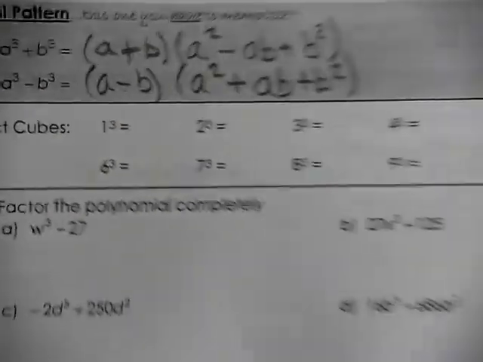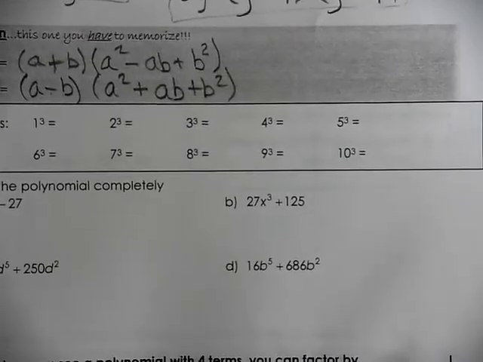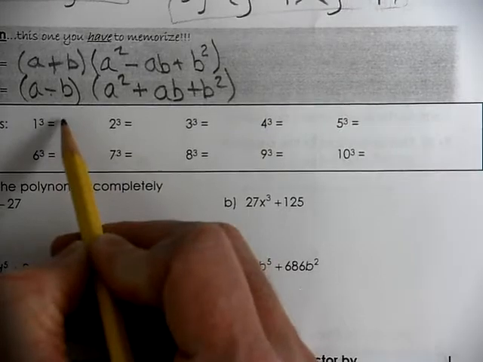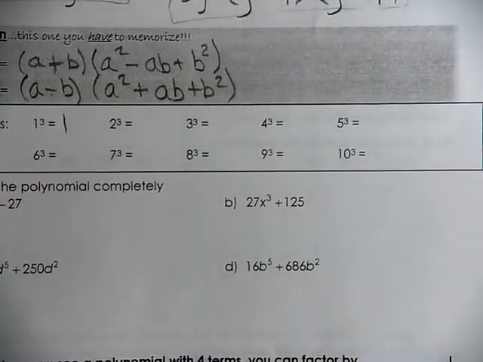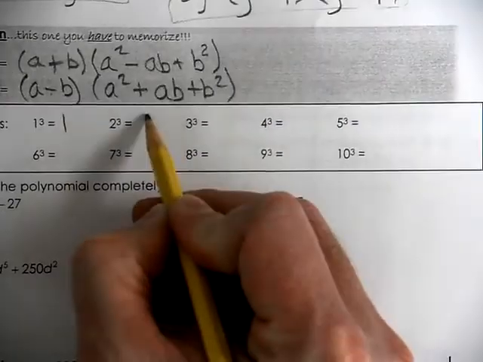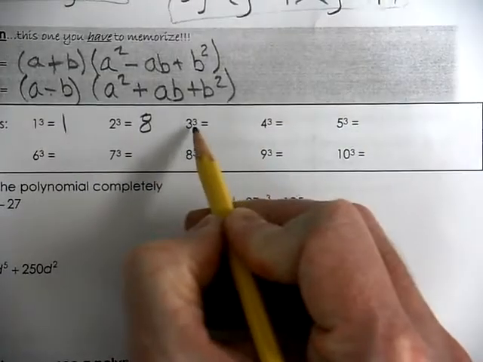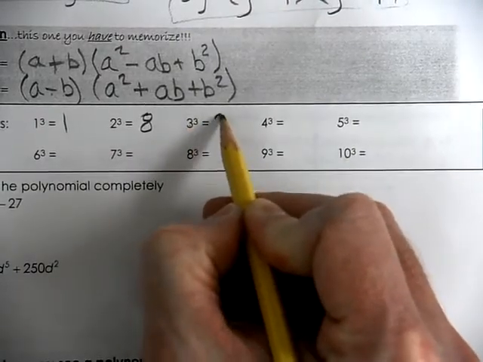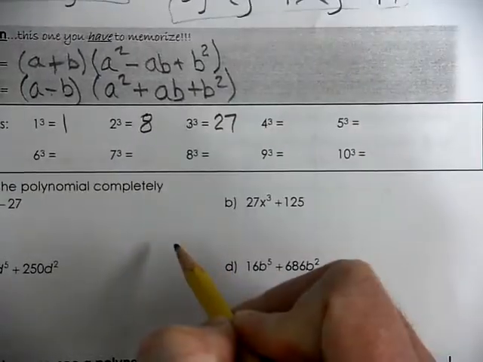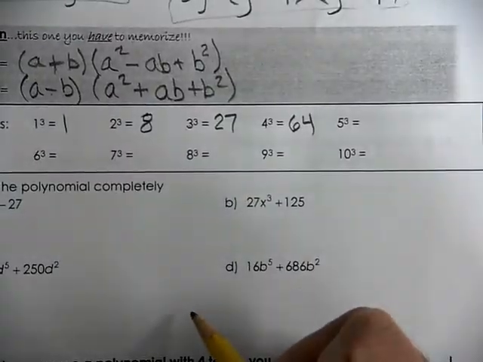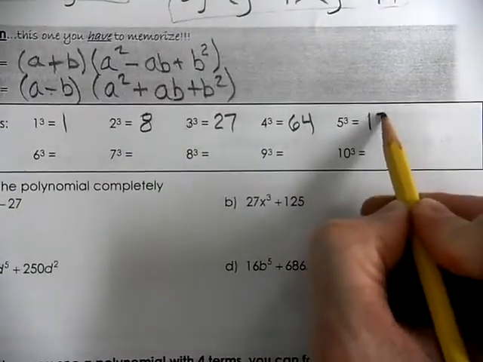So let's look at numbers that are perfect cubes. What's 1 times 1 times 1? And what's 2 times 2 times 2? Three times 3 times 3 is 27. 64. 125.